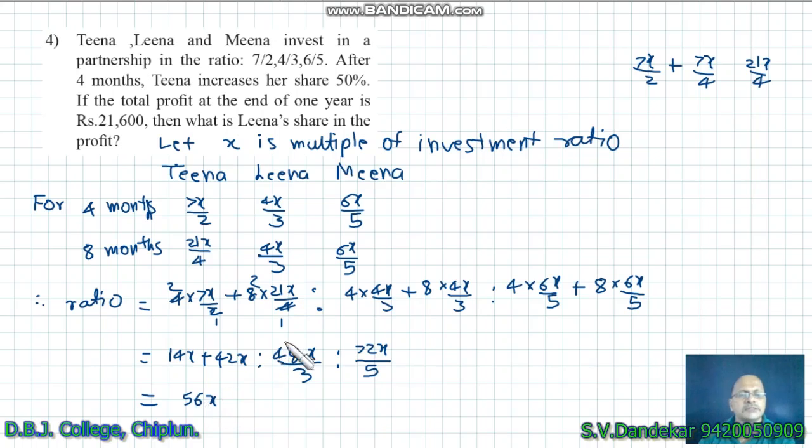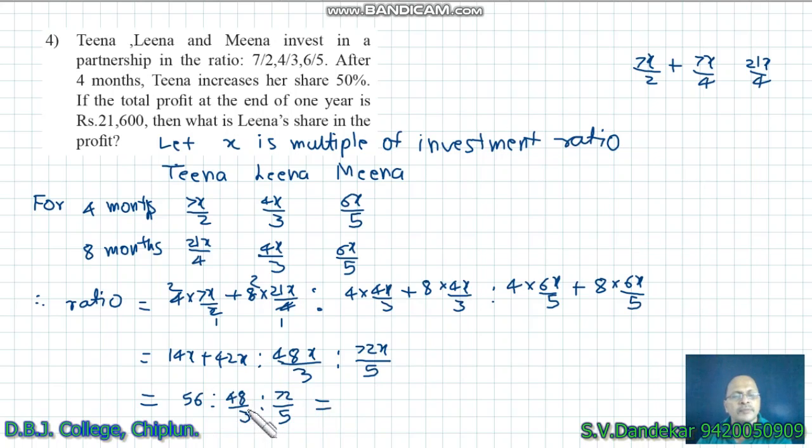We can cancel x as well. 56 is to 48 upon 3 is to 72 upon 5.